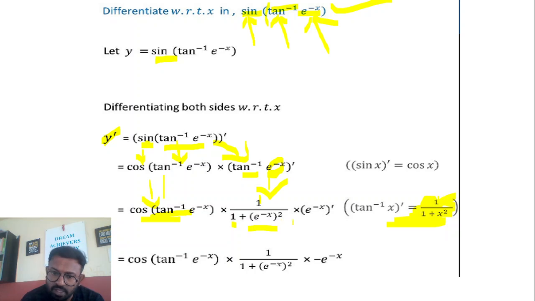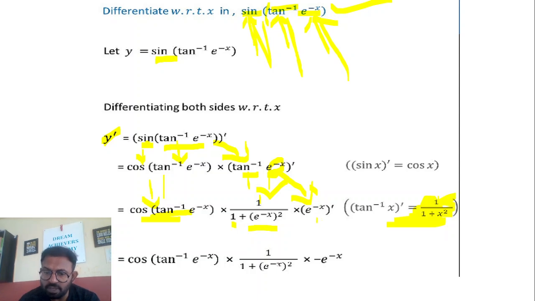Clear? Next, once again I need to differentiate e power minus x. As I told you earlier, in this given function I should differentiate sin, then tan inverse, and then e power minus x. So first I did sin, next tan inverse, now e power minus x. As I told you in the previous problem, e power x differentiation is e power x, but here it is e power minus x.